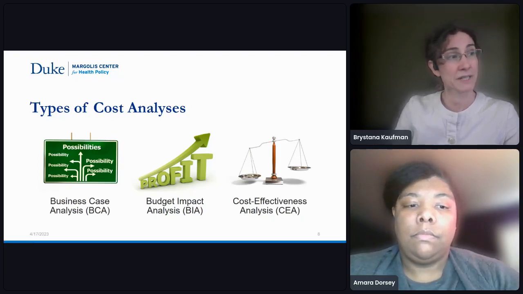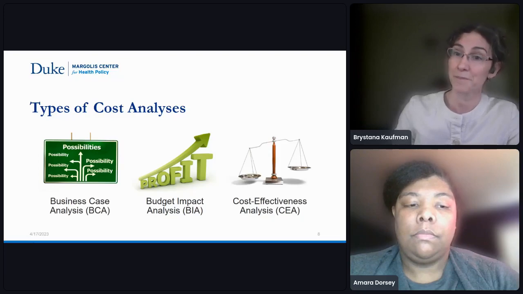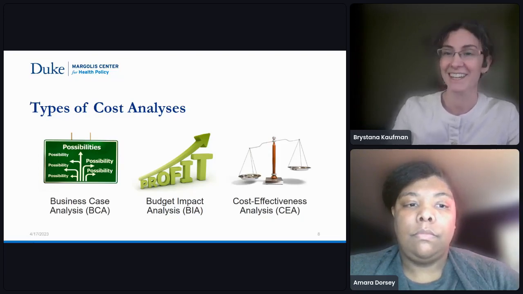And as a part of a business case analysis, you might include a budget impact analysis, because the return on investment is always an important piece of the business case analysis. But it's more limited in scope, where we're really just focusing on the financial costs of an intervention.